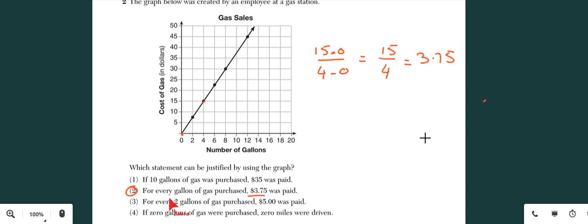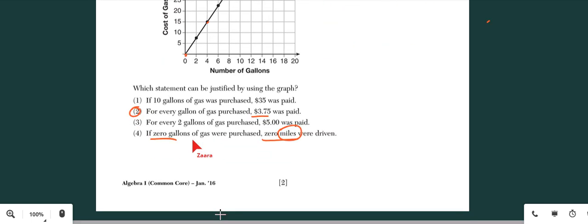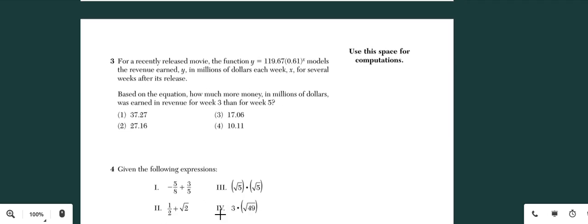If you see here, it's not in miles. This is number of dollars, but they are trying to confuse you. They are using 0, 0 for output, but it is 0 miles. On the y-axis, what we have is the cost of gas, which is in dollars. So this is also false. Is it clear?